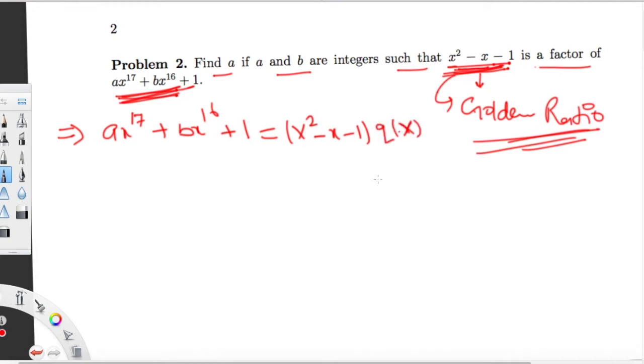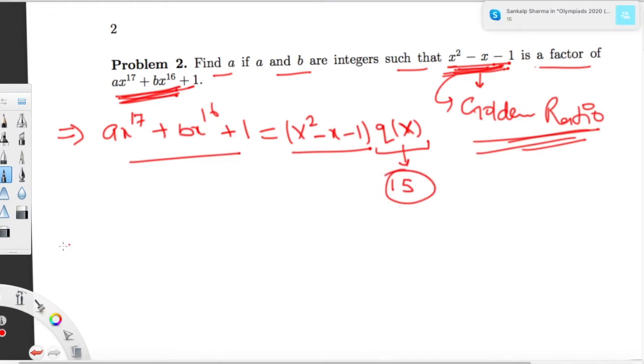There exists some polynomial q(x) which I multiply by this polynomial and I get this one. Now what can I say about the degree of this polynomial? The degree must be 15.